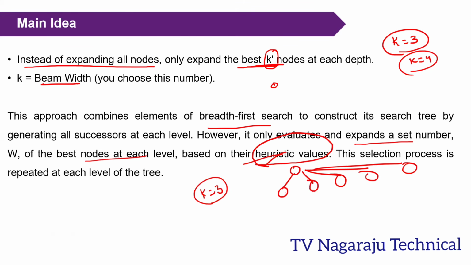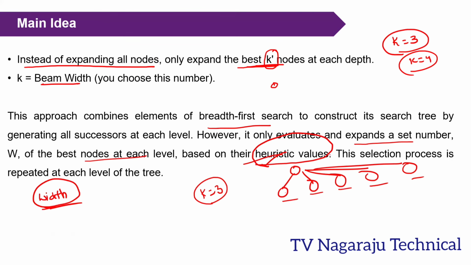What are the main characteristics? The first one, as usual, is the width of the beam. Width of the beam is how many nodes are considered at each level. That is, at each level you are considering 3 nodes, or 4 nodes, or 5 nodes. The number of nodes you consider mainly influences the algorithm.